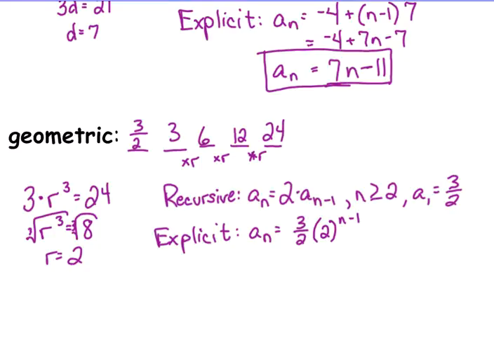And again, it never hurts to plug in and check. Plug in 2. Okay, 2 minus 1 is 1, so 3 halves times 2 is 3. Plug in 5. 2 to the 4th is 16. And 3 halves times 16 is 3 times 8, which is 24. Okay.